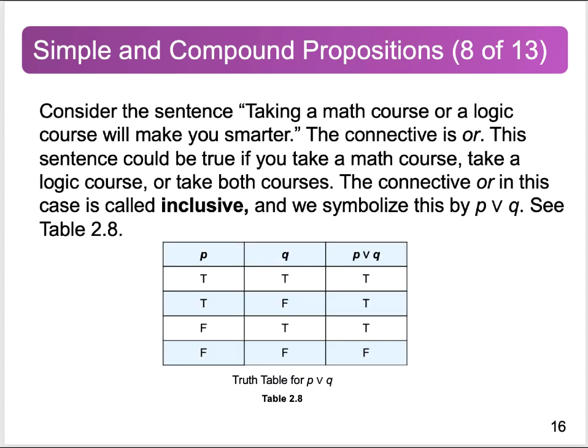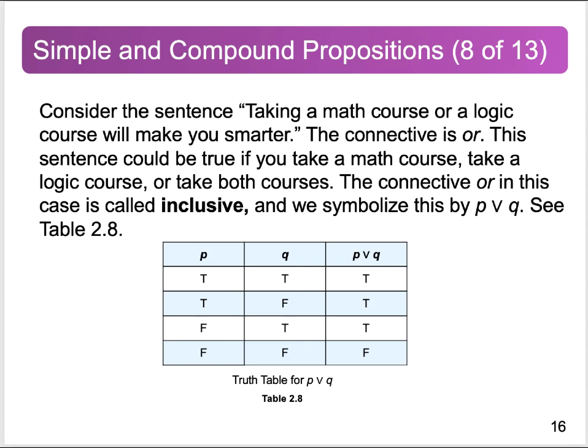Now we can look at the disjunction, the OR statement, and here OR statements will be true as long as one of the statements to begin with was true. If you say something or something, you only need one of them to be true for you to be saying a true statement. If they're both true, that's even better, but it's still a true or statement. So true or true is true.